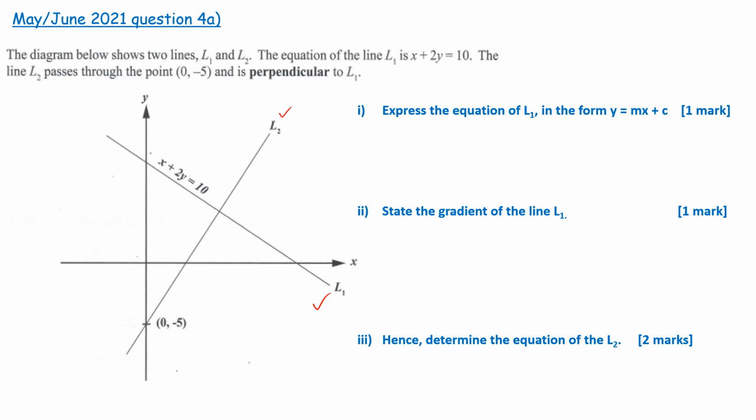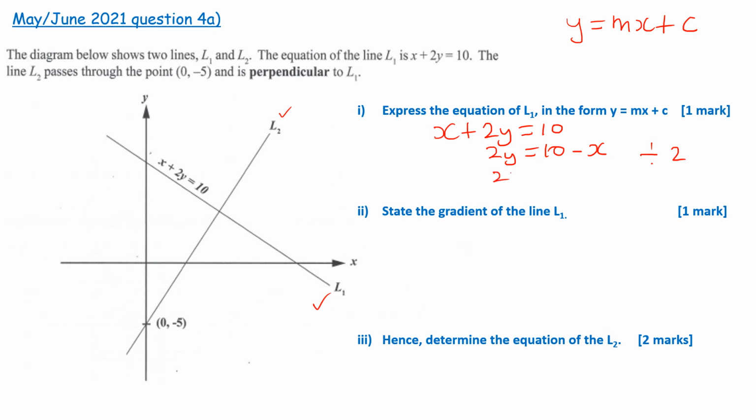So you will notice, we know that the equation of the line is y equals mx plus c. So we have x plus 2y equals 10. We're going to write 2y first: it's 10 minus x. We don't want the 2y, so we'll divide each term here by 2.